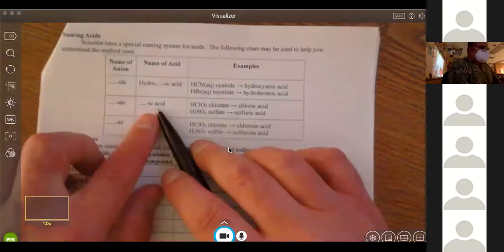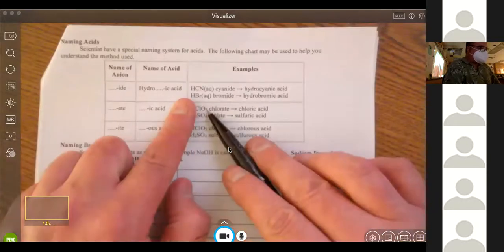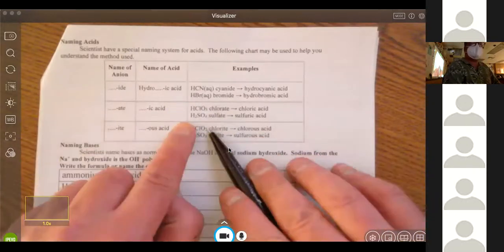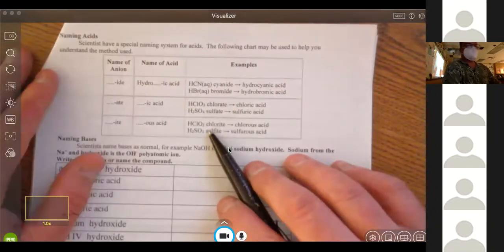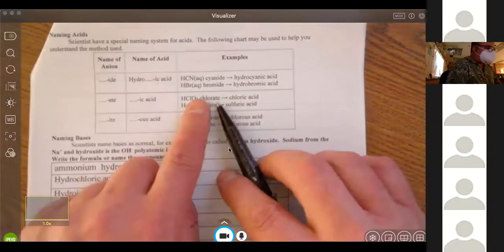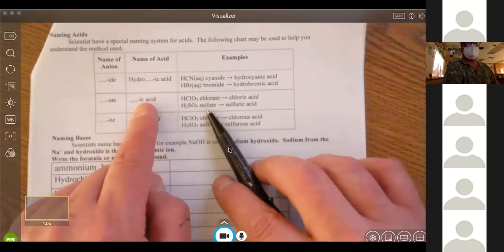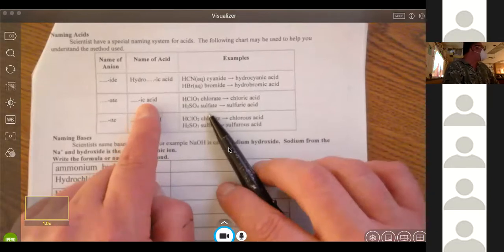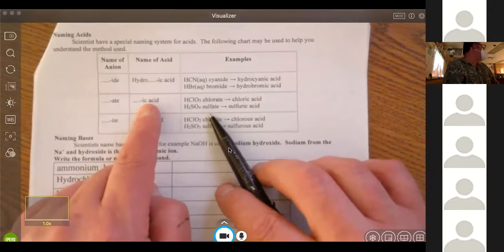If you have ate or ite, you recognize this as chlorate or sulfate or chlorite or sulfite, then you don't have hydro. You drop ate and put ic. For sulfur, sulfic? Sulfic doesn't sound good. You're sulficing, right? It doesn't sound right.